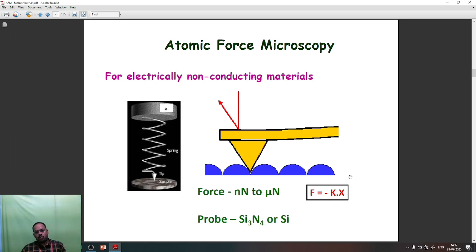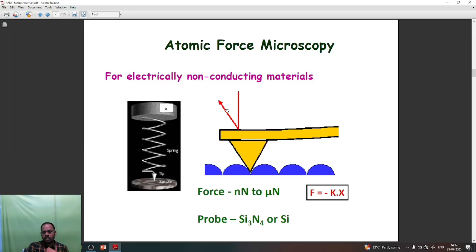Atomic force microscopy is mainly for characterizing electrically non-conducting materials, that is, insulators. This is the cantilever tip, the probe tip, and it will be rastered across the sample surface. This up and down area represents the sample surface.